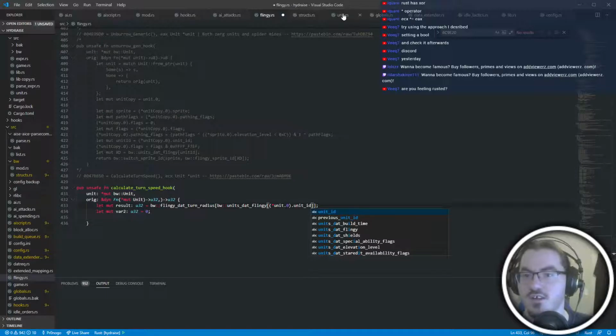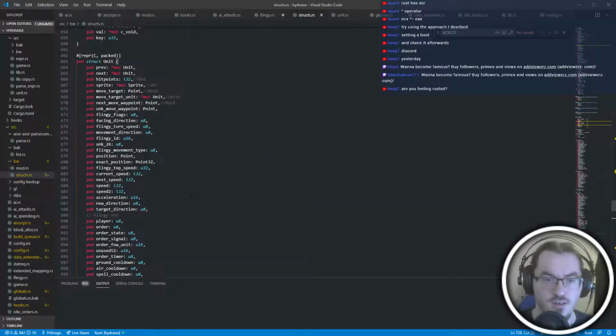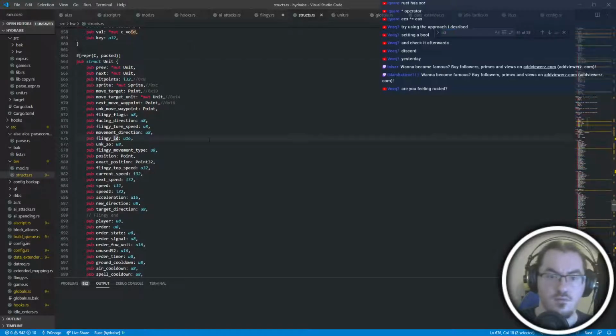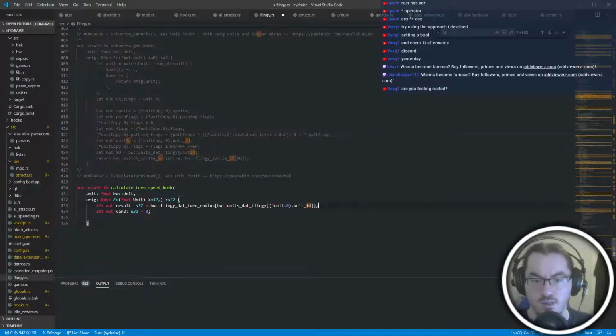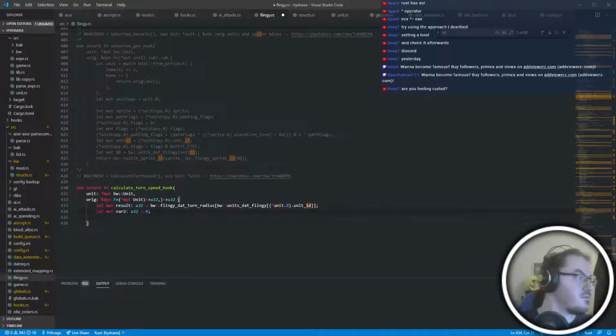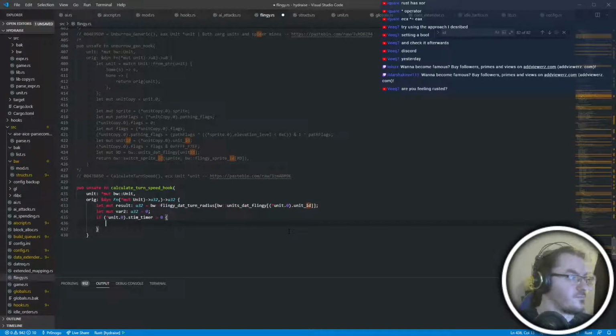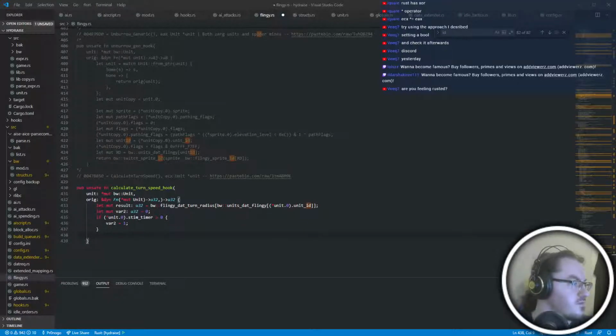I forget if it's unit ID or unit. Or I mean, unit ID or just ID. It's unit ID. Okay. What is V2 even used for? Oh, okay. It's just for calculations, I guess.